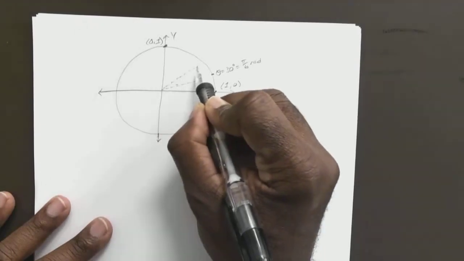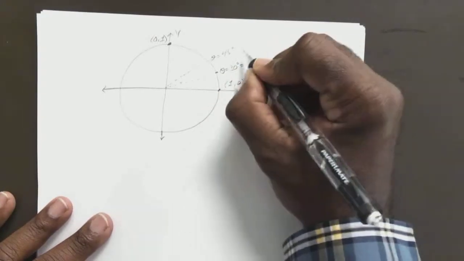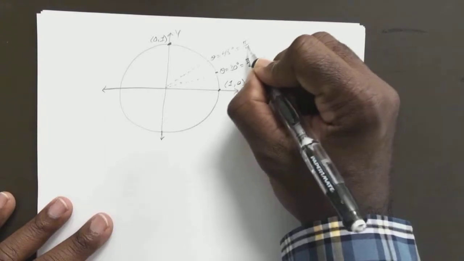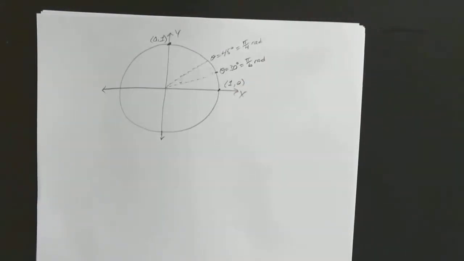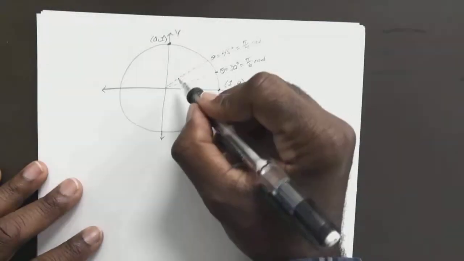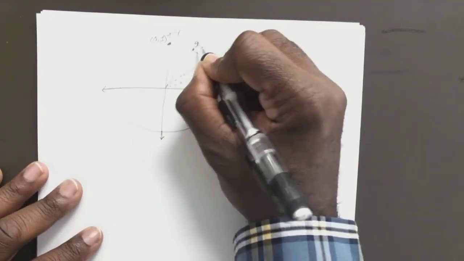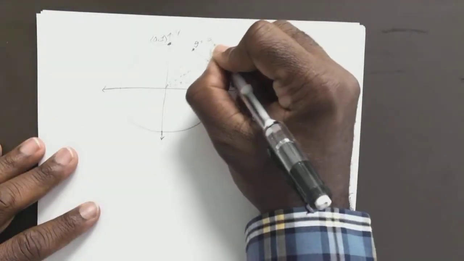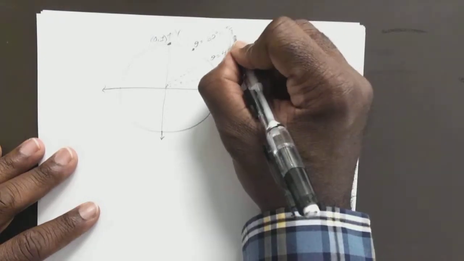Okay, so let's say here we have 45 degrees, or pi over 4 radians. Say here, we go up a little more, where our theta is equal to 60 degrees, which is pi over 3 radians.